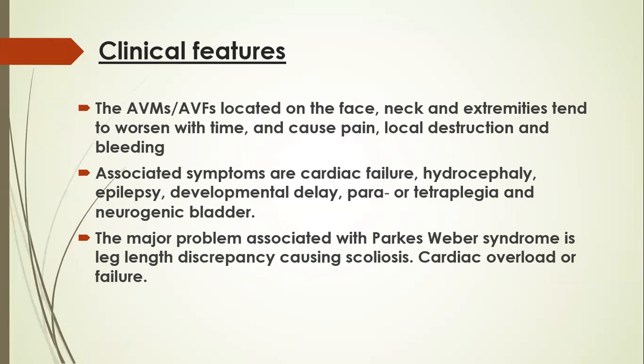The associated symptoms are cardiac failure, hydrocephaly, epilepsy, developmental delay, para and tetraplegia, and neurogenic bladder. Major problem associated with Parkes Weber syndrome is leg length discrepancy causing scoliosis, cardiac overload, or cardiac failure. So both the bone and cardiac abnormalities.